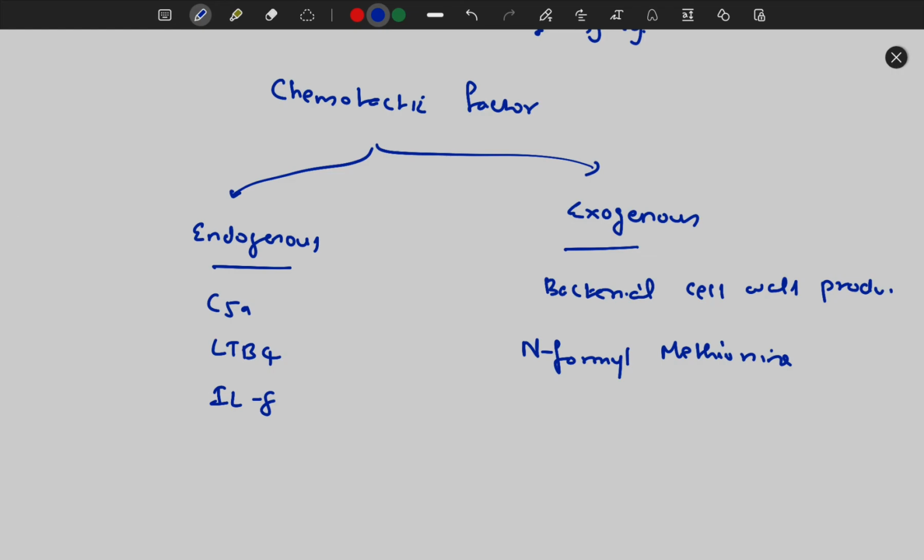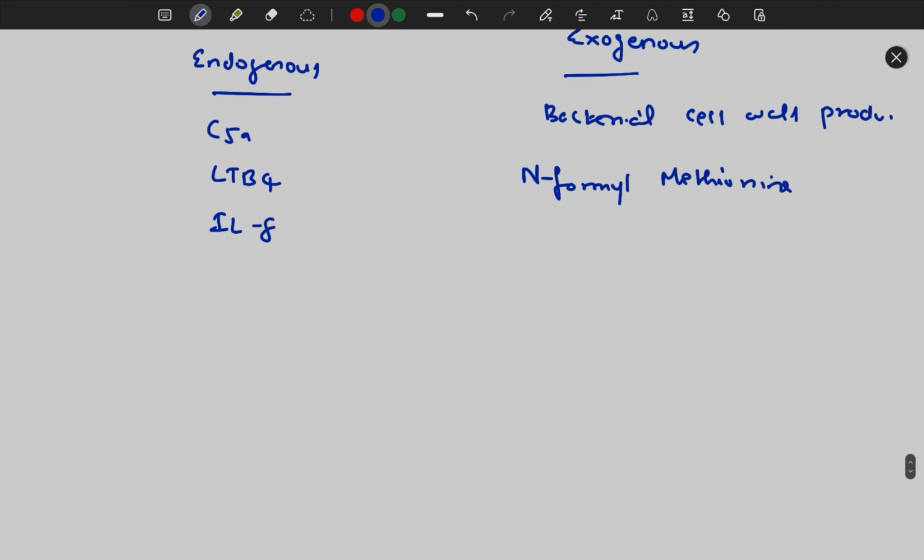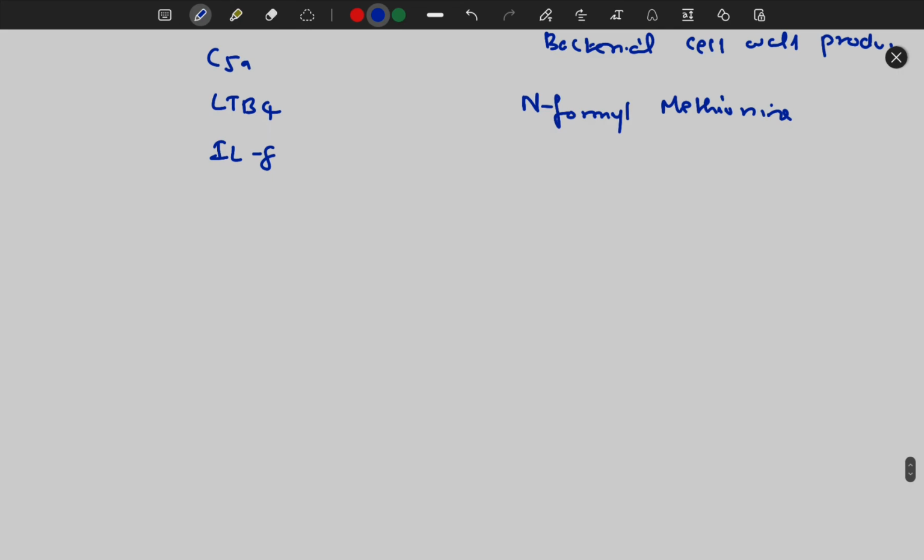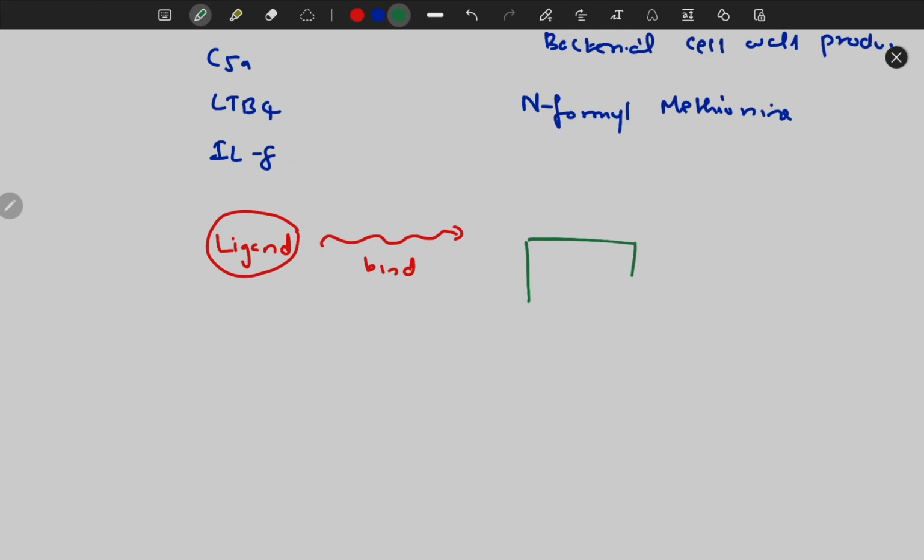Now, what is the mechanism behind this chemotaxis? There is a ligand, and that ligand goes and binds to a 7 transmembrane G protein coupled receptor on the surface of the leukocyte.